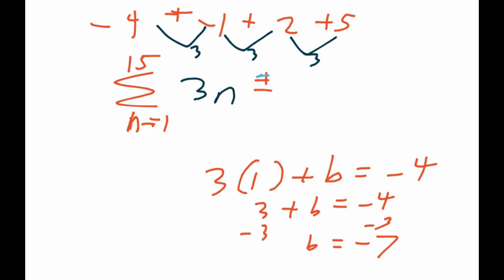So now I know this is going to be a minus, and not only do I know it's minus, but I know it's going to be 7. Just to check, if I plug in 2, 3 times 2 is 6, minus 7 equals negative 1. So it works for the second one, and if you check the third one, it will work for that one too.